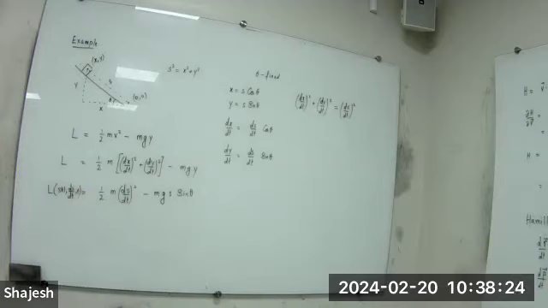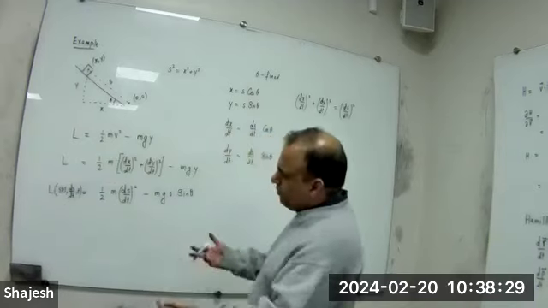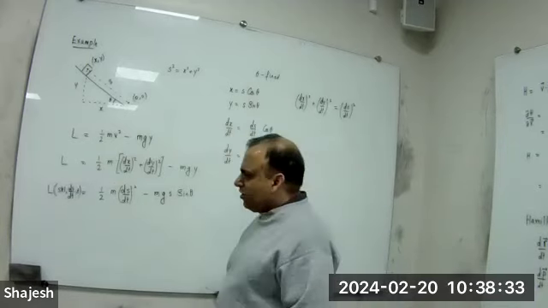Once you have everything described in terms of one variable, or even if it is two variables, it doesn't matter, then we have a Lagrangian and you can write an action.